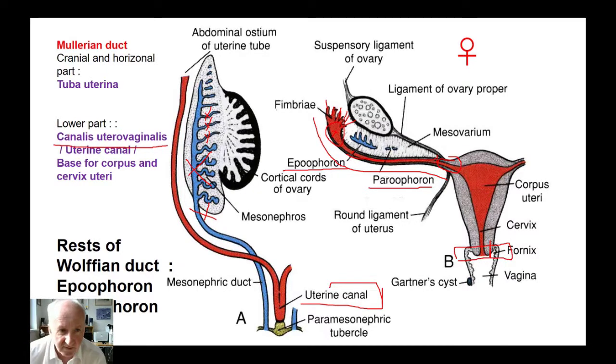That's the reason why it's called canalis uterovaginalis. But here you see the uterine channel. So this has to vanish in a female. The Müllerian duct is important for the development of the uterine tube, the uterus, and a small part of the vagina.